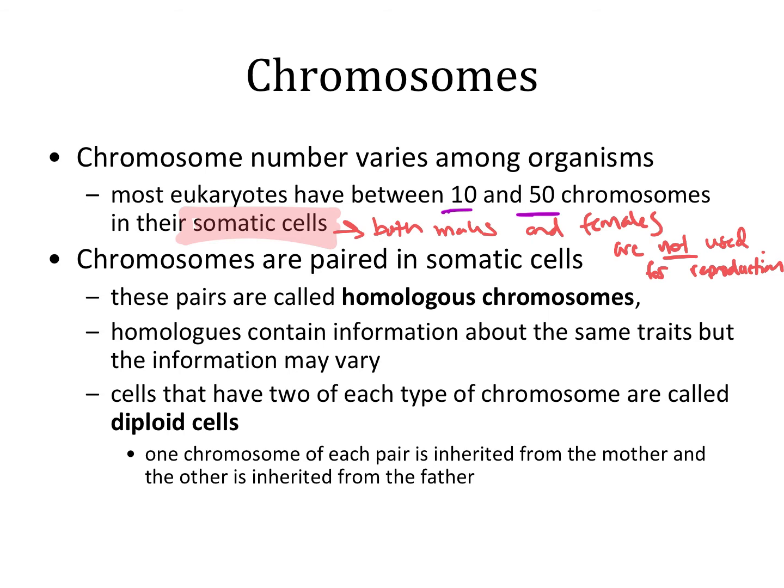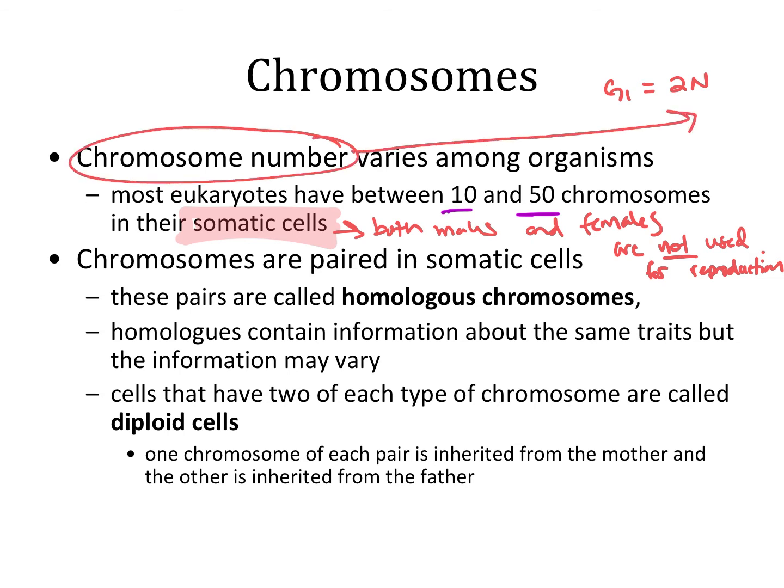So I told you that you all begin with, in G1, you begin with 2N, okay? So N is equal to the chromosome number. And in humans, N is equal to 23. So we have 23 different types of chromosomes. So we take our long, big piece of chromatin, break it up into 23 sections. We have 23 of them.